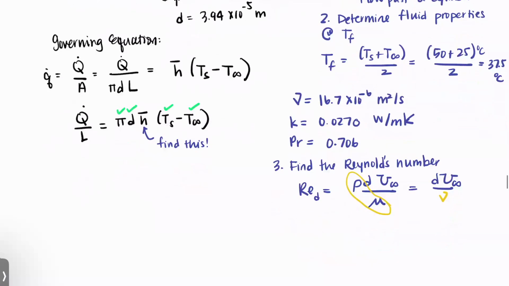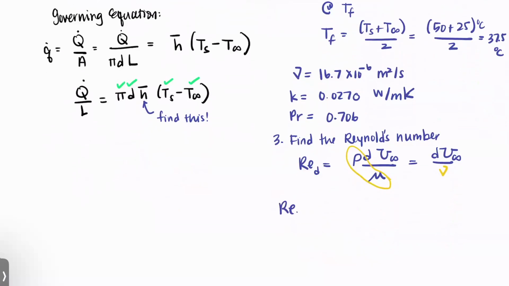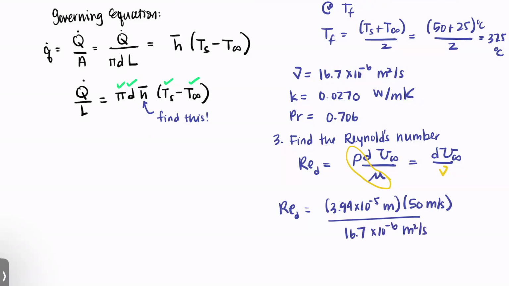All right. So that means that our Reynolds number based on the diameter is 3.94 times 10 to the minus 5 meters times 50 meters per second divided by 16.7 times 10 to the minus 6 meters squared per second, which is 118.